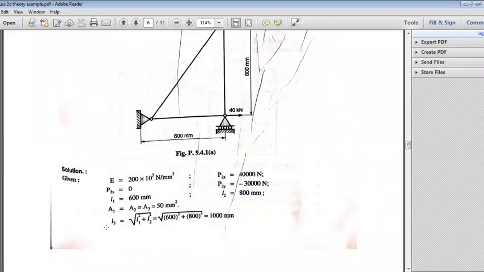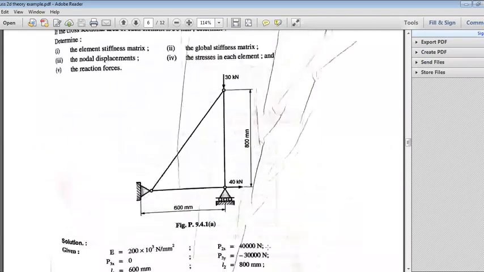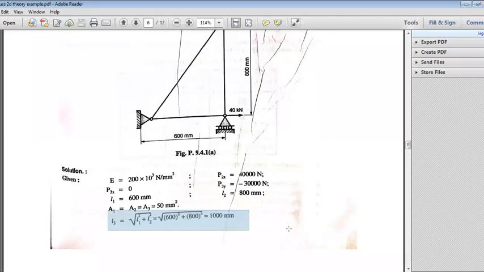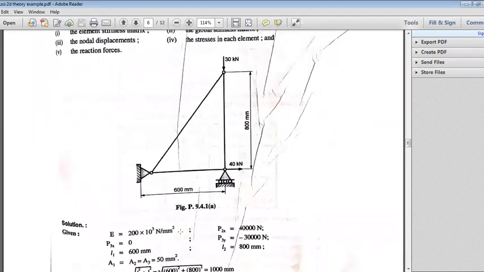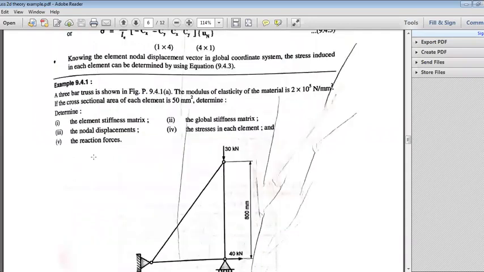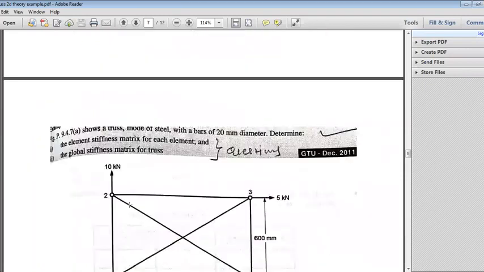You can find out the length of an element this way if not given. As you know the maths rules, you can use this equation to find the third element length because it is not given. This example you have to solve your own way, right? I am solving another example.